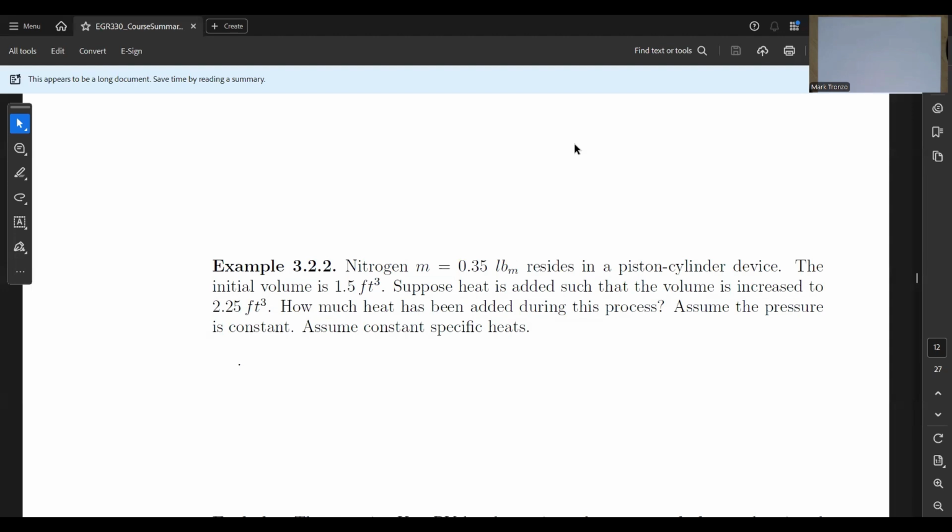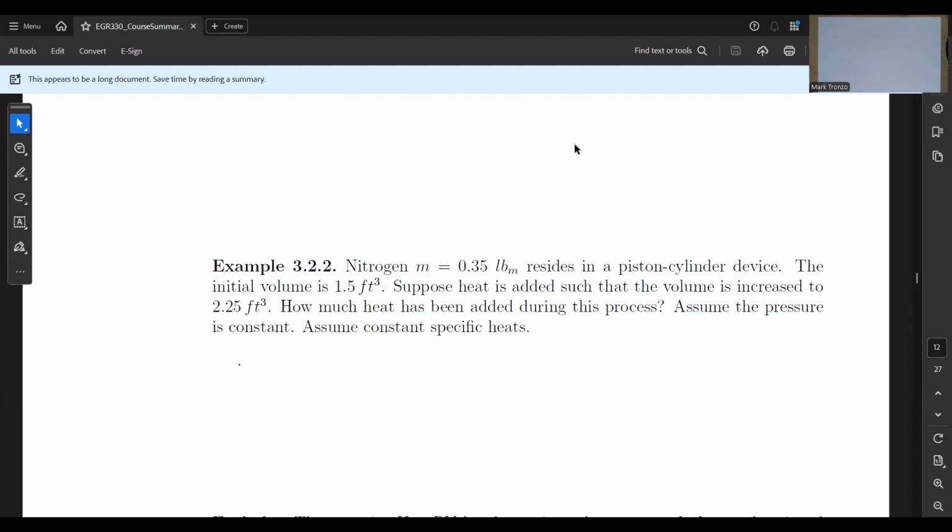Next, let's take a look at this example. 0.35 pounds of nitrogen resides in a piston cylinder device. The initial volume is 1.5 cubic meters. Suppose heat is added such that the volume is increased to 2.25 cubic feet.